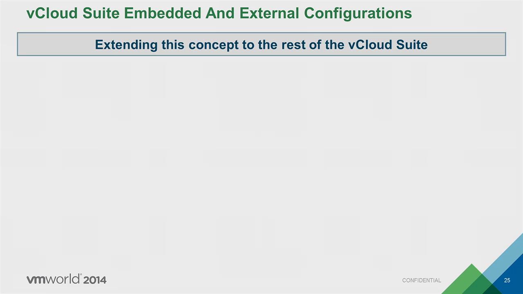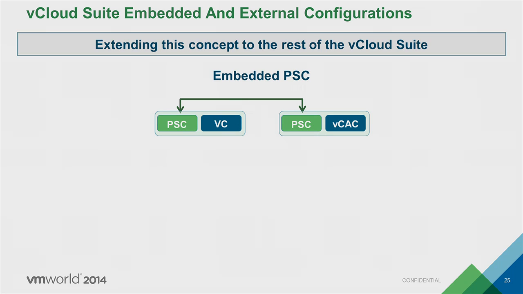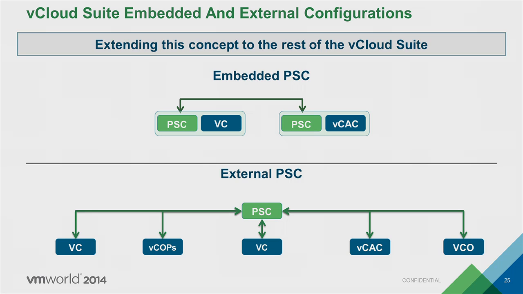If I extend this concept to the rest of the suite, the first product beyond vCenter that is going to start using the platform services controller is vCAC. There will be other products coming along in the future, and you can deploy in both the embedded and external modes as you add on those additional products.